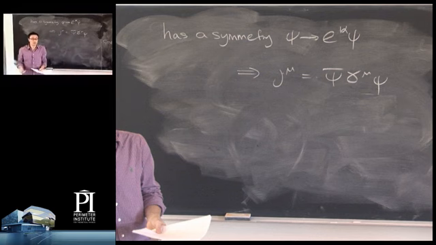And this tells us that we can write down a theory of light interacting with fermions by coupling this current to the gauge field.